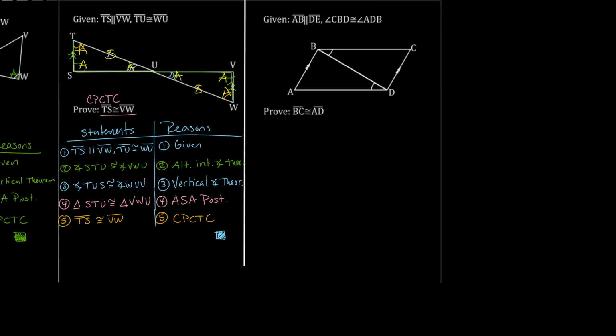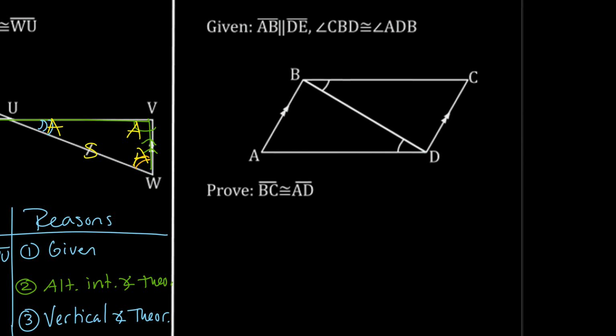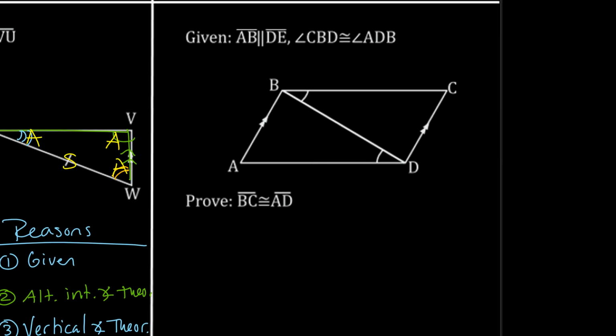Would you also like me to go over this last problem? All right. So we're given the lines are parallel and angle CBD is congruent to ADB. Now, when I'm marking parts congruent and I'm dealing with parallel lines, I'll give you a hint.